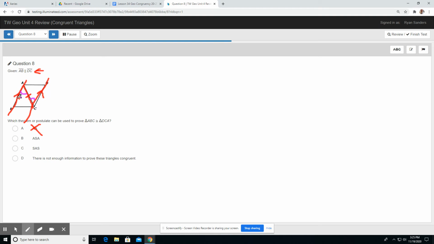We don't know. That would be side angle side if it was, but it's not. Or angle side angle. That would be this angle, but notice it would have to go all the way over there, so we don't have that either. So there's not enough on this one. And I just like checking now if we can have multiple answers.